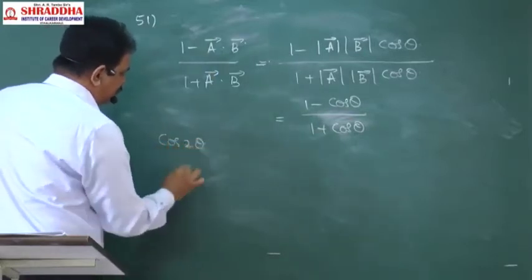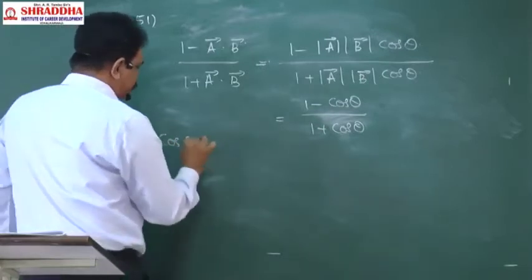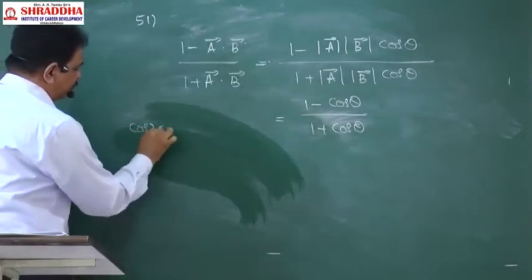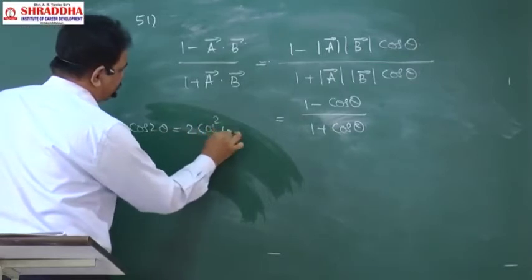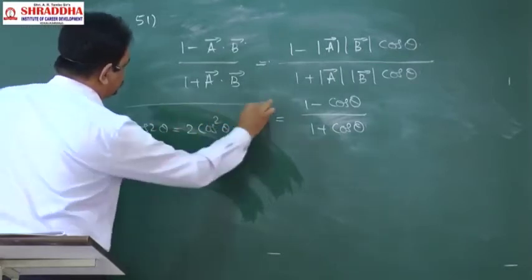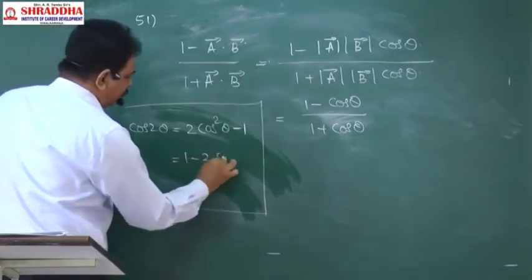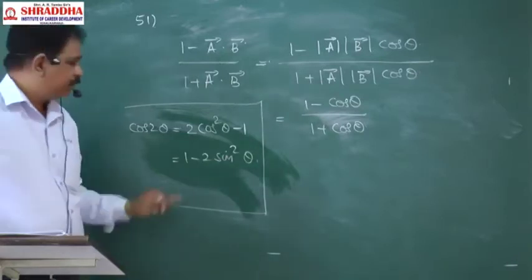Cos 2 theta is equal to 2 cos square theta minus 1, that is the formula. This is equal to 1 minus 2 sin square theta.